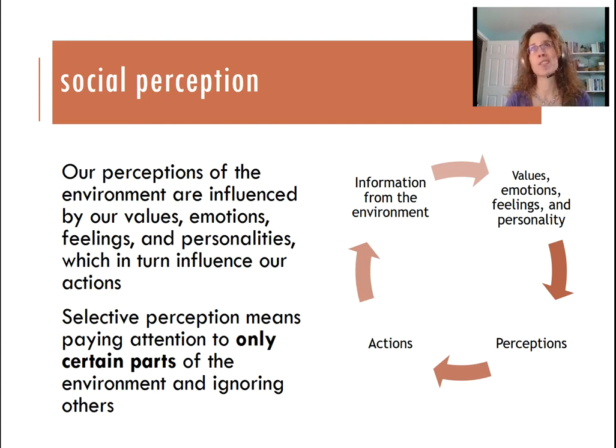And the rest just slips past us and dissipates into the ether. Selective perception, again, is only paying attention to certain things in our environment, and that has a lot to do with our values, our emotions, feelings, personality, etc.